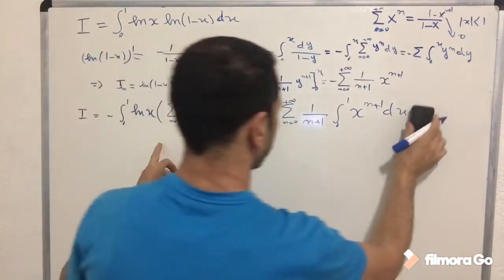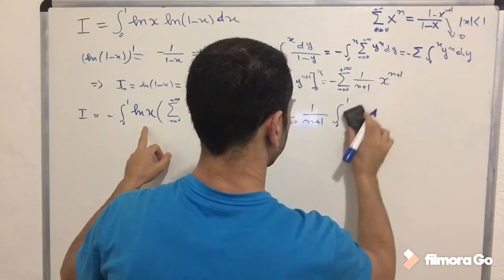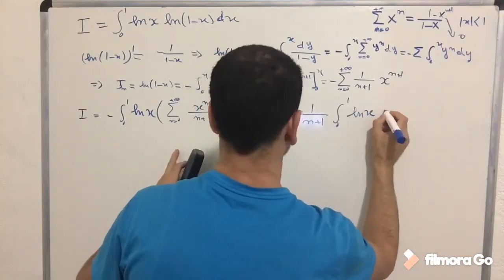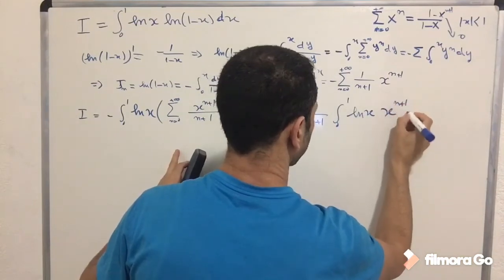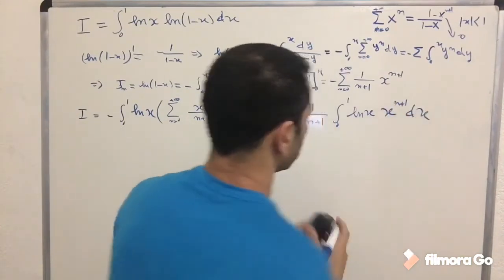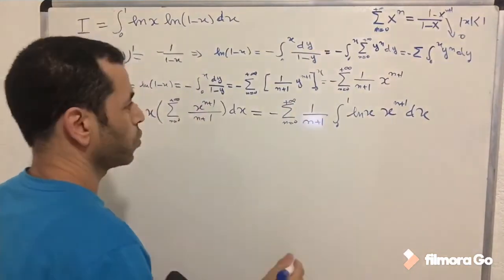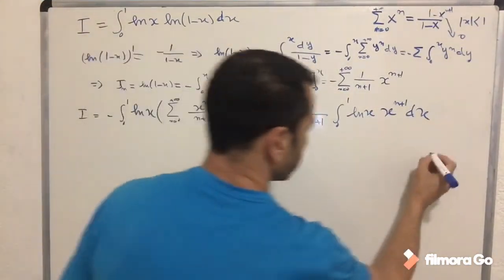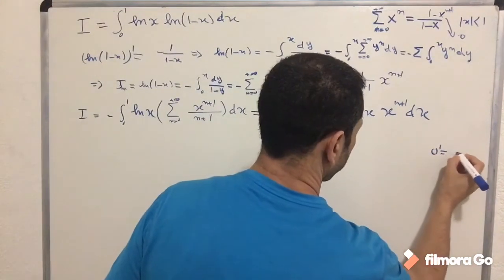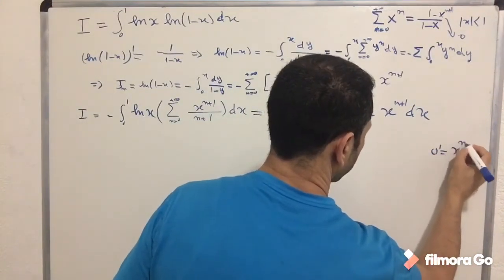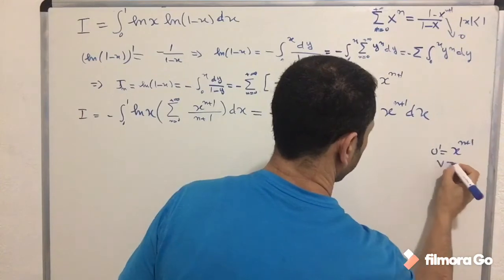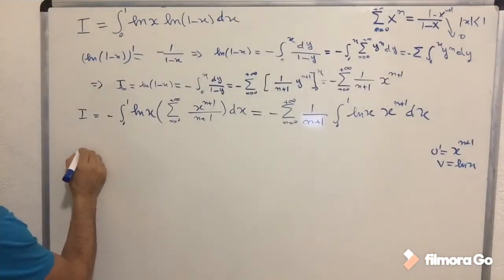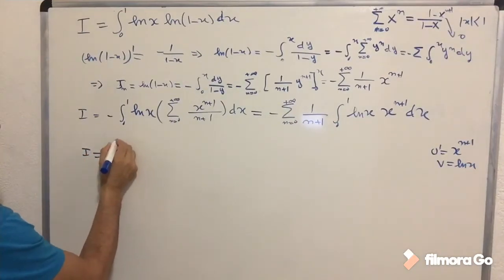Don't forget we have the natural log inside, so you can put the natural log first. In this expression we can use integration by parts. So you can put u prime equal, for example, x to the power n plus 1, and v equal natural log x. So in our integral I, we put the minus sign outside.